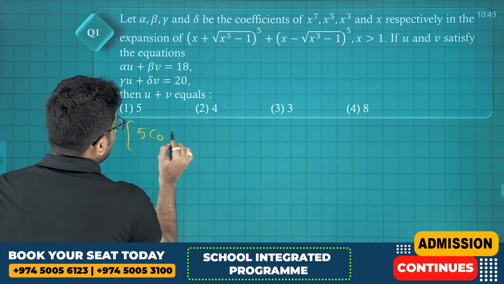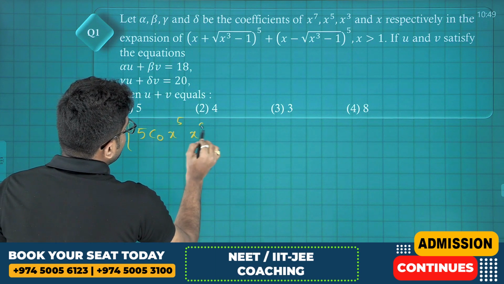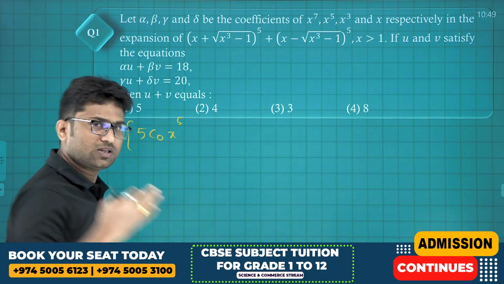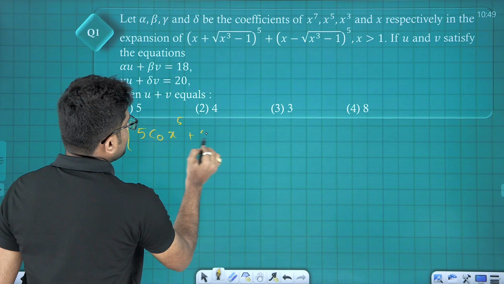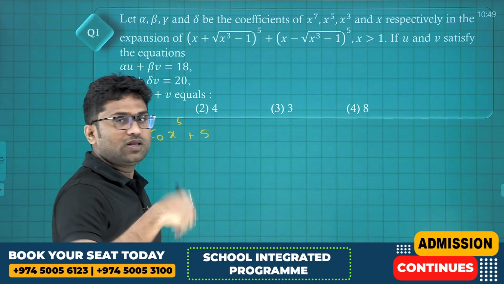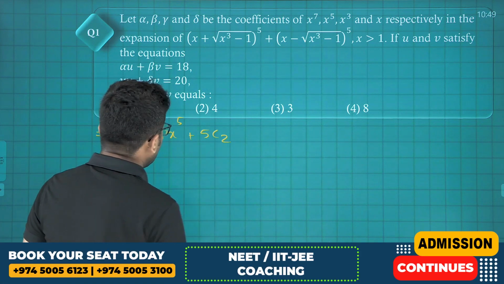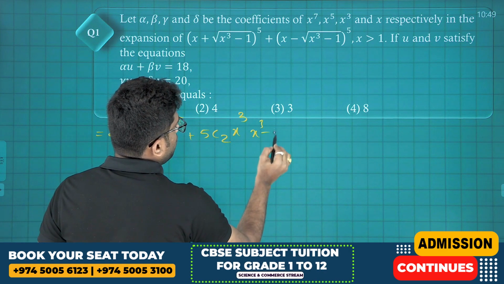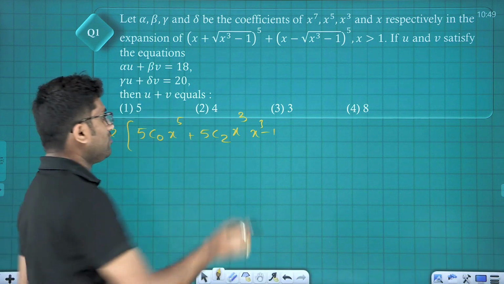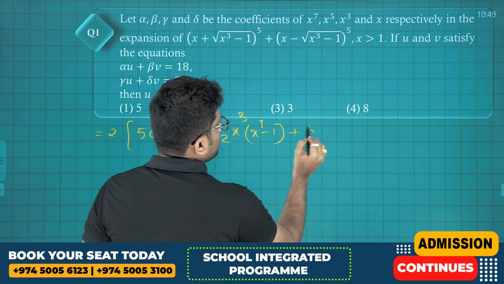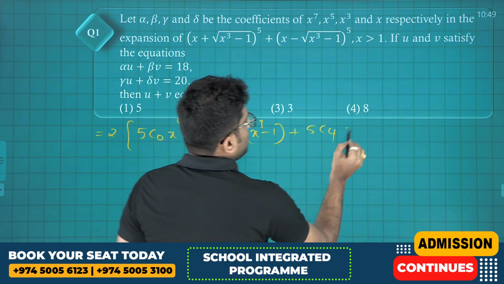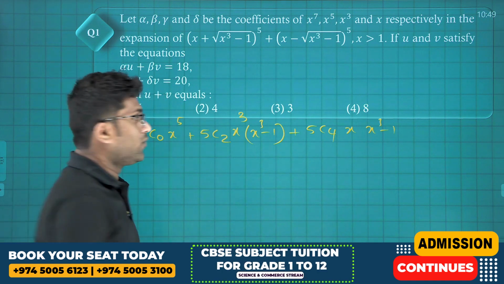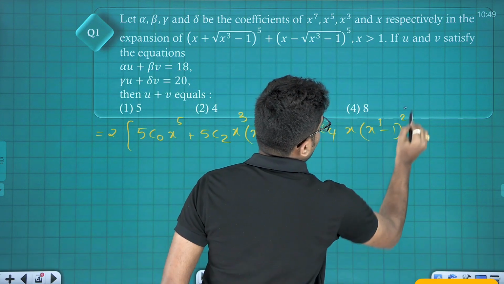5c0 into x power 5 into (x cube minus 1) power 0, which is nothing but just x power 5, plus 5c1 is the second term, next 5c2 which is the third term, into x power 5 minus 2 3 into (x cube minus 1) whole square, which is x cube minus 1, plus 5c4 into x power 5 minus 4, that is (x cube minus 1) whole square.